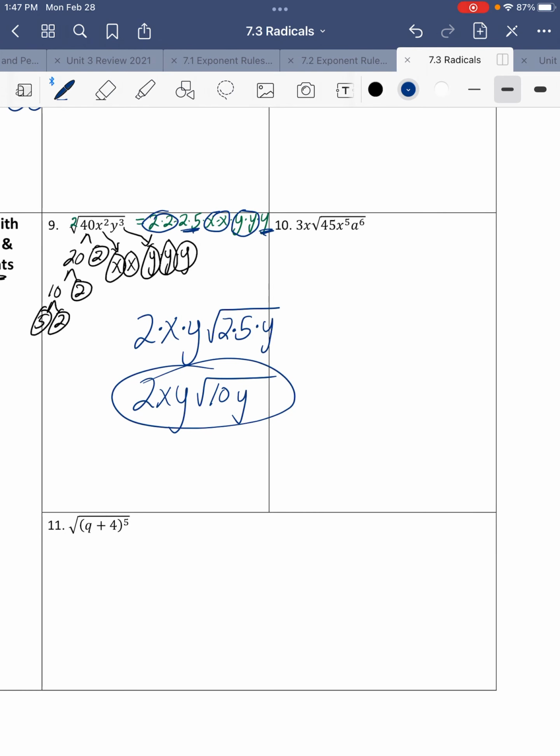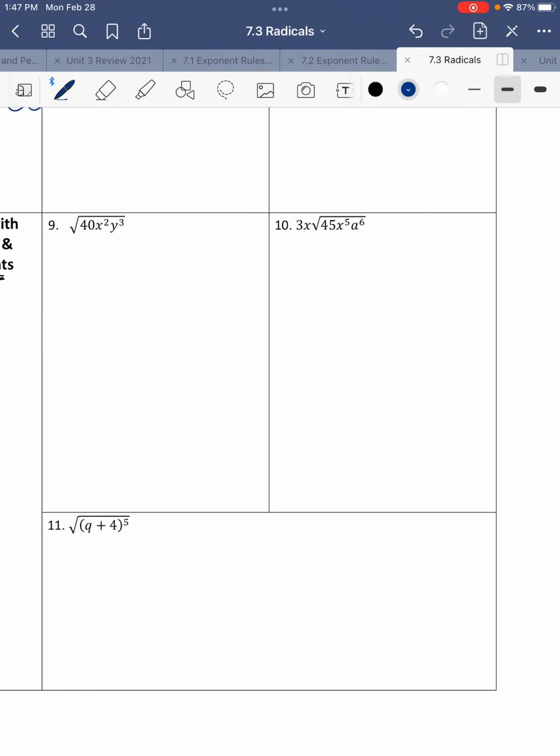On number 10, we're going to break down the radicand, the number on the inside, so that's 9 times 5. 5 is prime, 9 is not, 3 times 3. X to the fifth means x times x times x times x times x. Those are your prime variables.